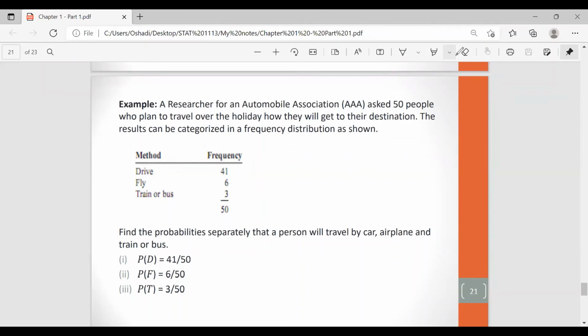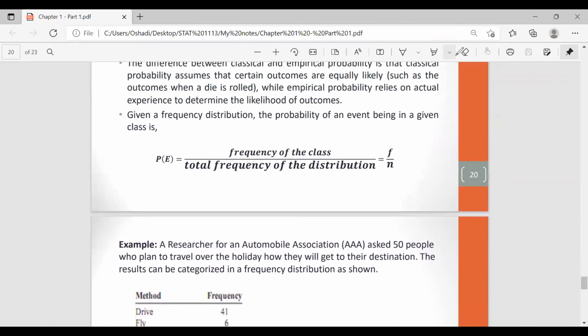Out of 50 people, 41 drive, 6 fly, and 3 take a train or bus. Altogether it makes 50 people. If we find the probabilities separately that a person will travel by car, airplane, and train or bus, here it says frequency of the class.